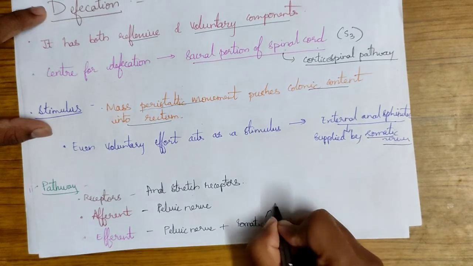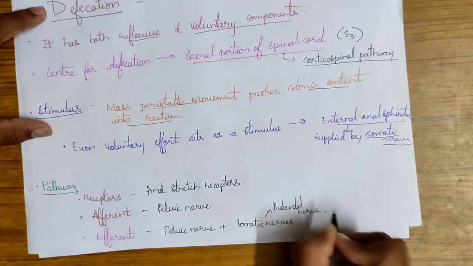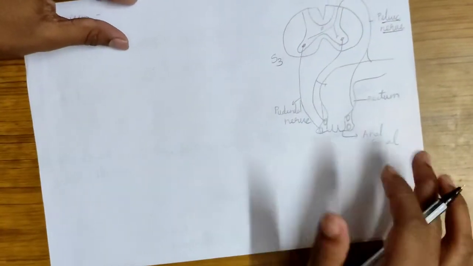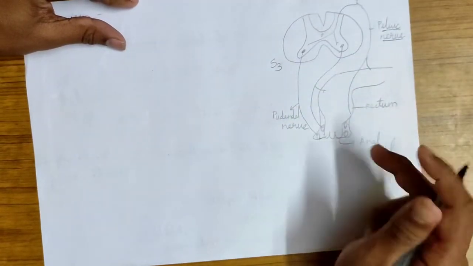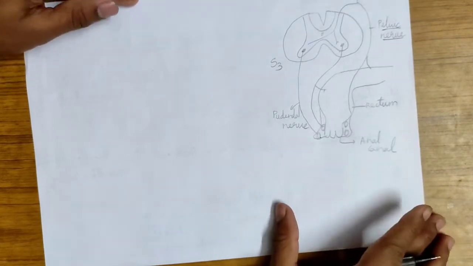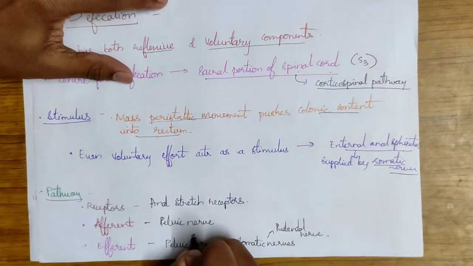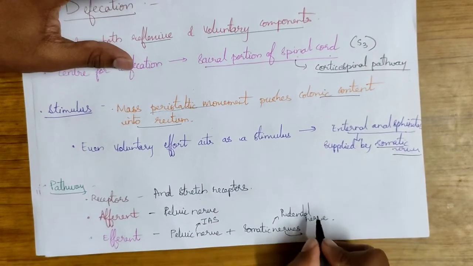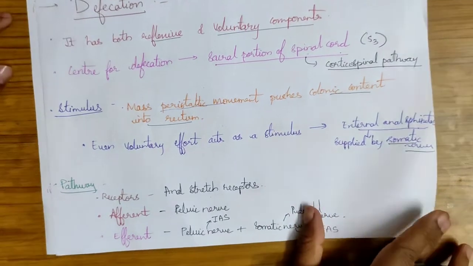This somatic nerve is the pudendal nerve. You can see it here. This pudendal nerve supplies the external anal sphincter, whereas this pelvic nerve supplies the internal anal sphincter. This external anal sphincter is in voluntary control because it is supplied by the somatic nerve. So the pelvic nerve supplies internal anal sphincter and the somatic nerve or pudendal nerve supplies external anal sphincter.